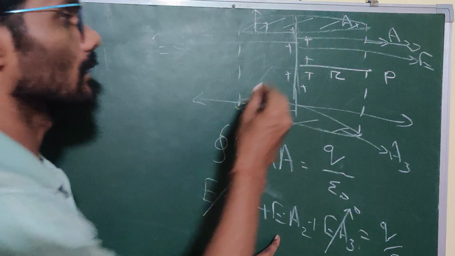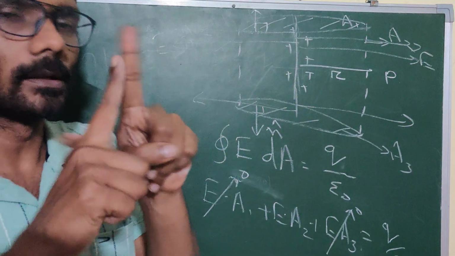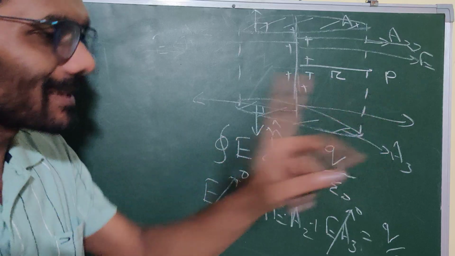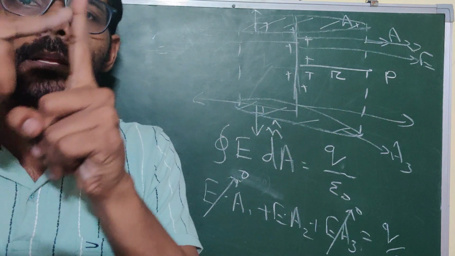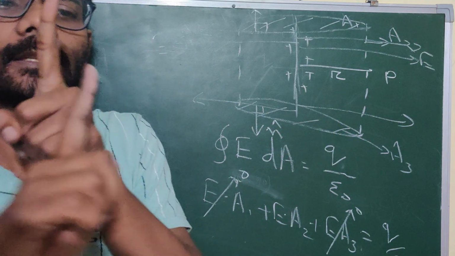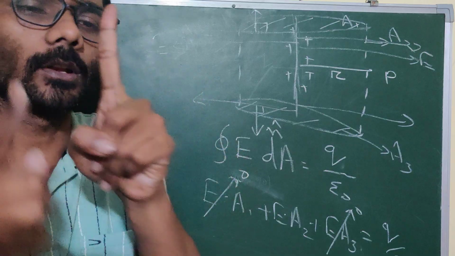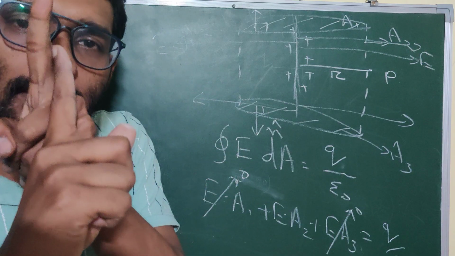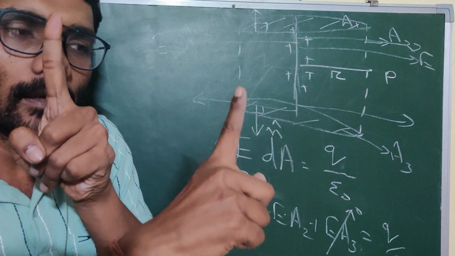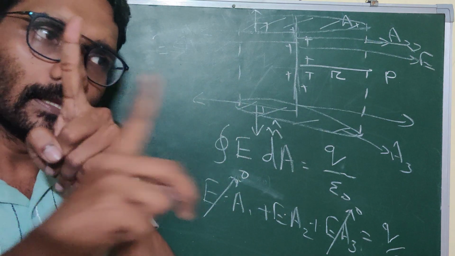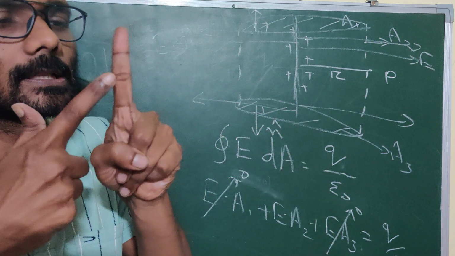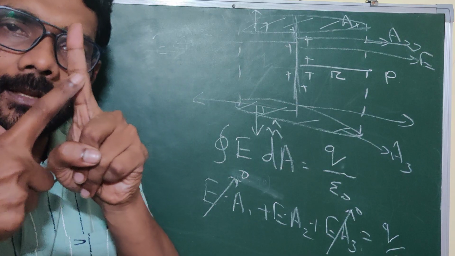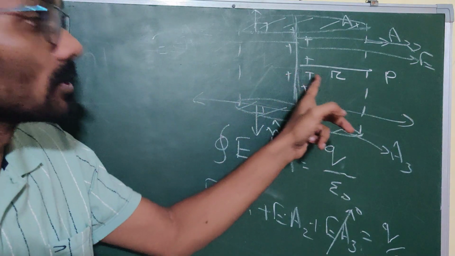But in this case, this is a cylinder. At each point on the cylinder, the area vector is along the direction of the electric field line. At this point it is facing in this direction, and the electric field is in the same direction, so the angle is 0 degrees.